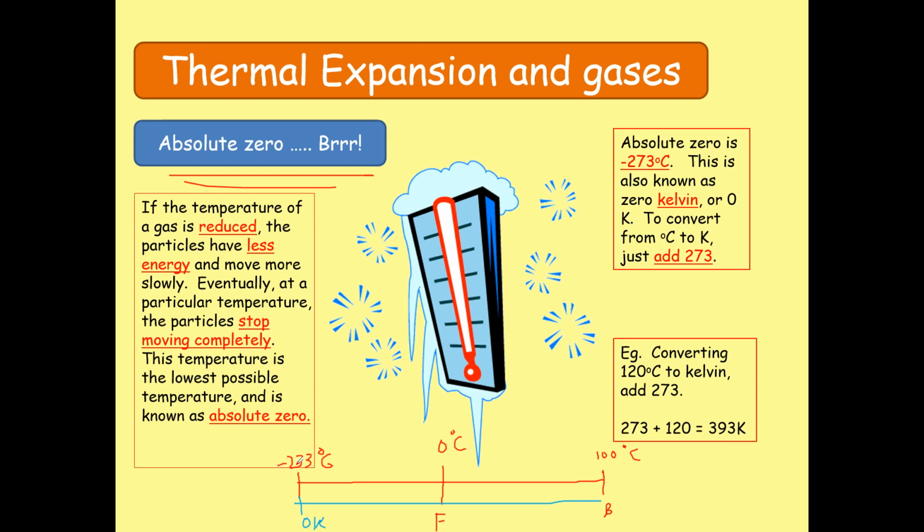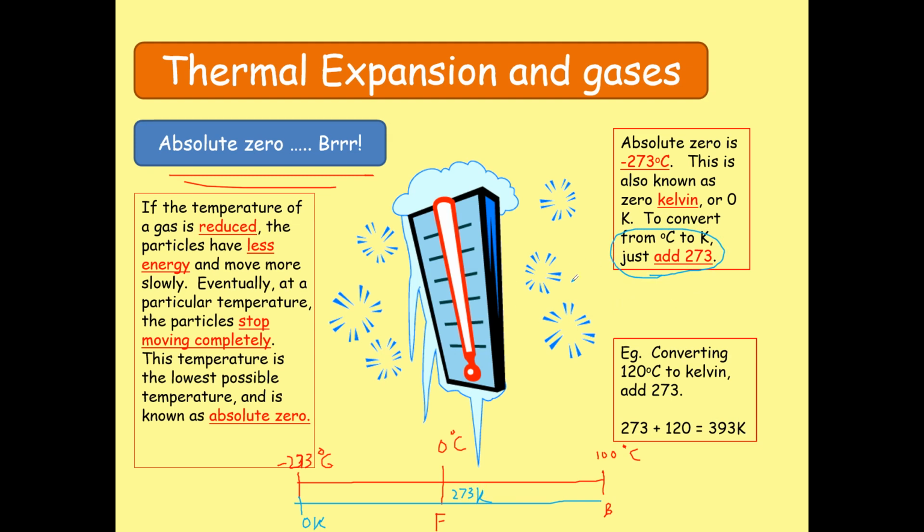So this is minus 273 degrees Celsius, which is equal to 0 Kelvin. And consequently, if we keep increasing the temperature, we find that at 0 degrees Celsius, the freezing point of water, the temperature in Kelvin is actually 273 Kelvin, right?